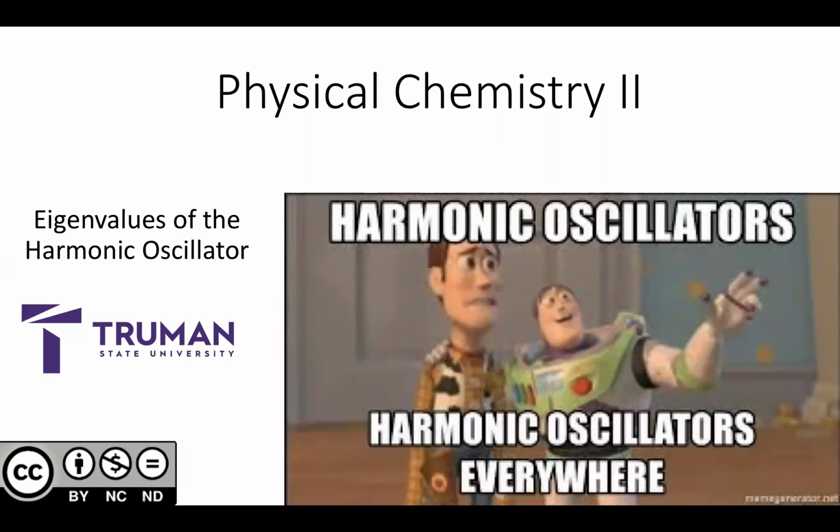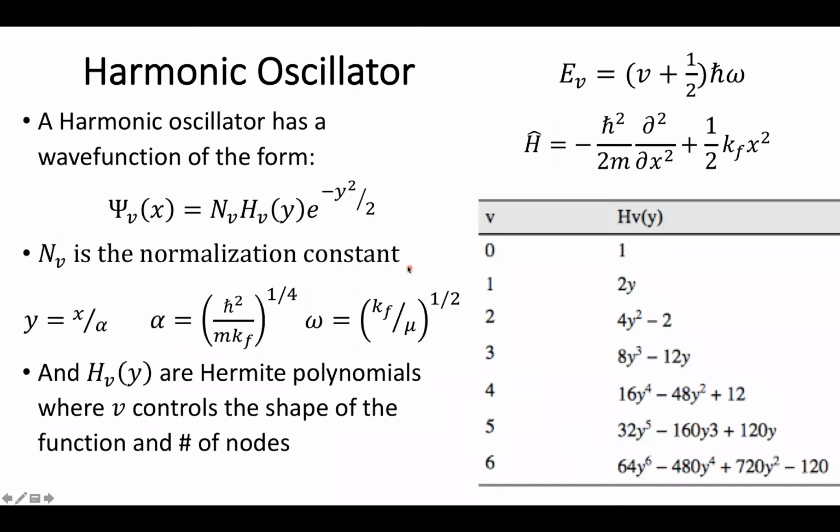So unlike a lot of our previous systems, the harmonic oscillator has a little bit more of a unique wave function. So we first of all have a normalization constant. Unfortunately, this one has a bit of a non-intuitive form of a solution.